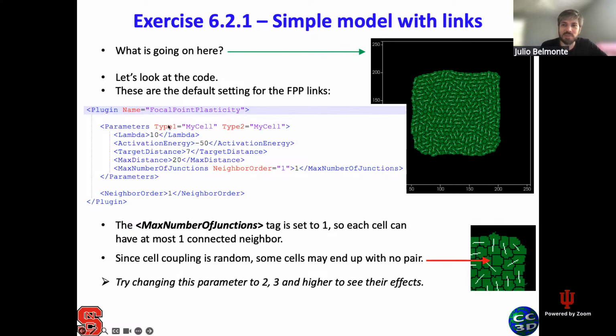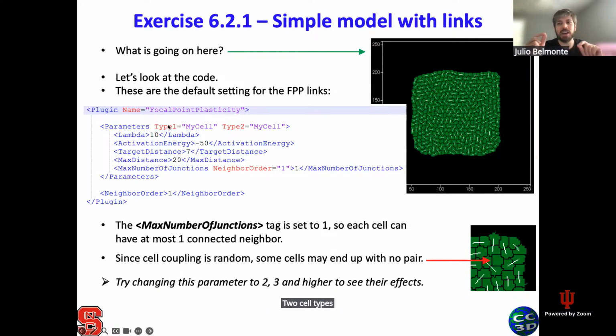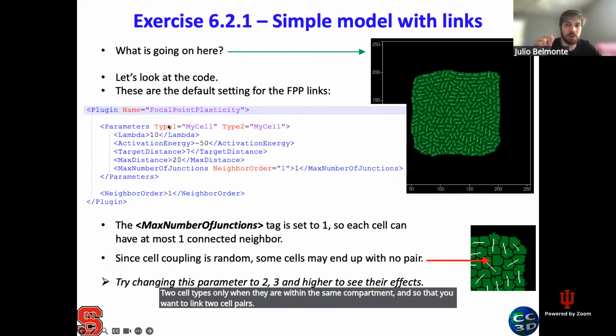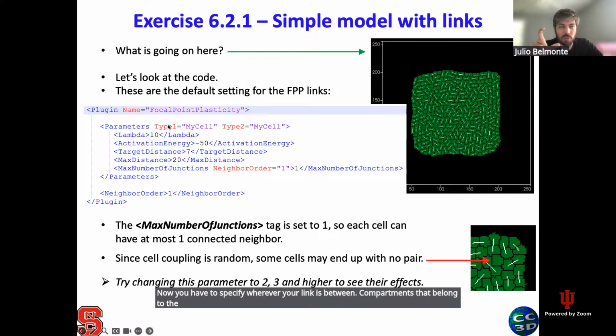Exactly. You use them when you have compartments. Sometimes you want to link two cell types only when they are within the same compartment. And sometimes you want to link two cell pairs only if they belong to different cell compartments, right? So if you use compartments, now you have to specify whether your link is between compartments that belong to the same cell or between compartments that belong to different cells, right?